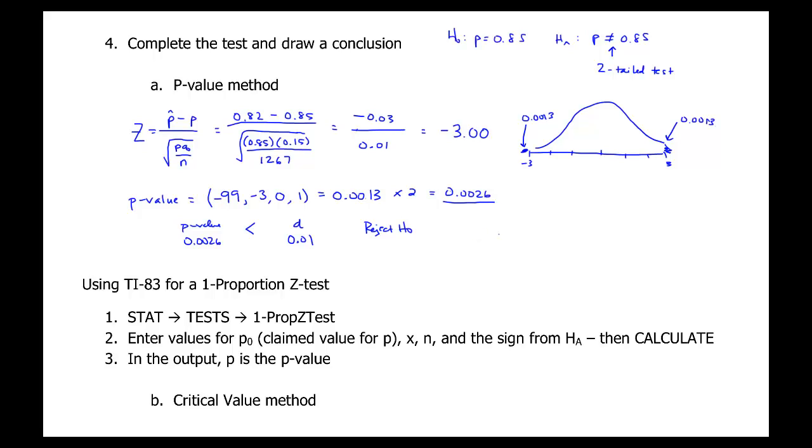Or you could write it some other way. The proportion of people who think texting while driving should be illegal is not the claimed value.